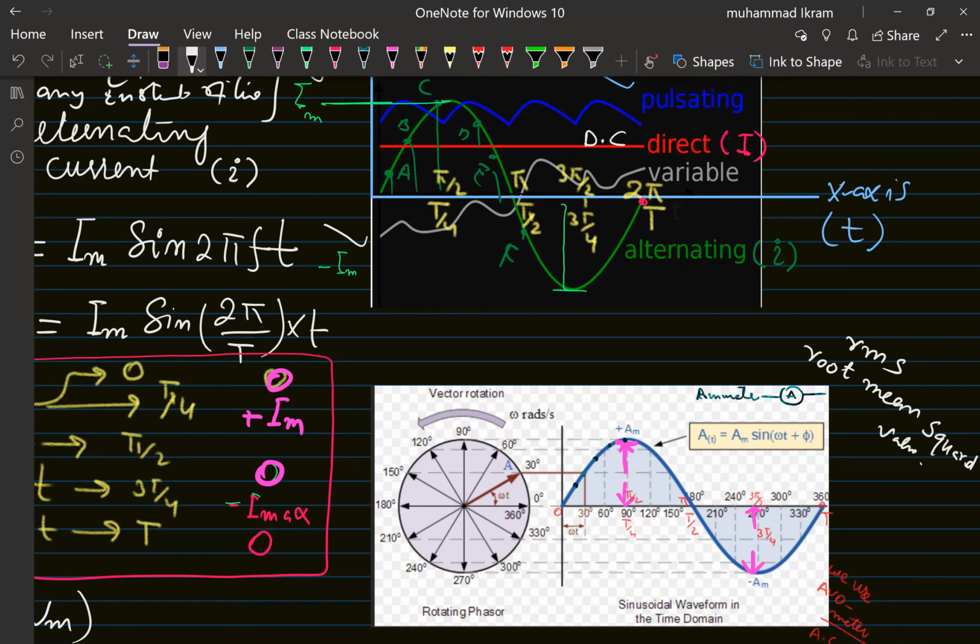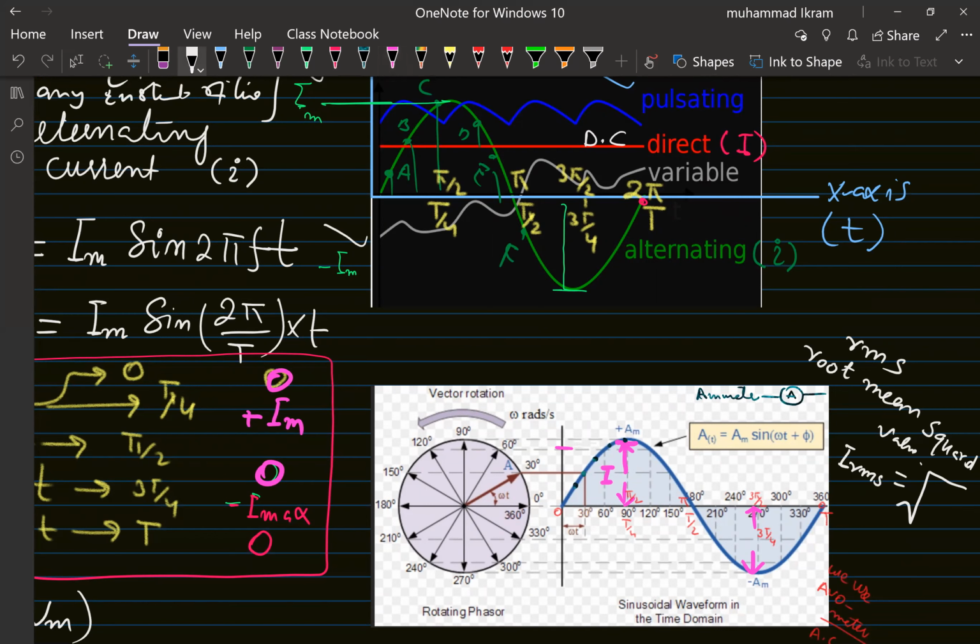For example, to be very simple, I want to tell you what this I RMS value is. The I RMS value is the root mean squared value: first the square, second the mean, then the root. This is the simplest way I can do it. This is the maximum value I naught.